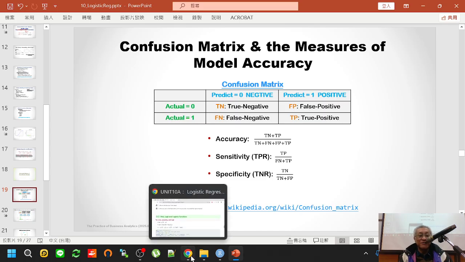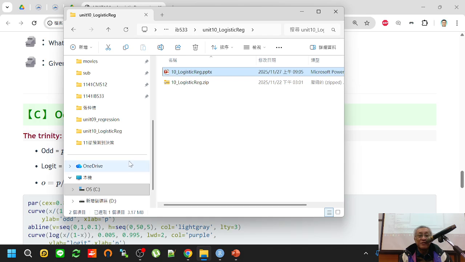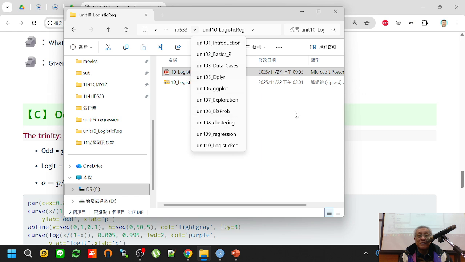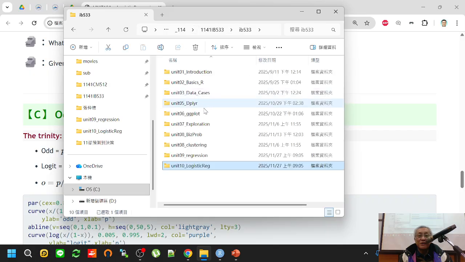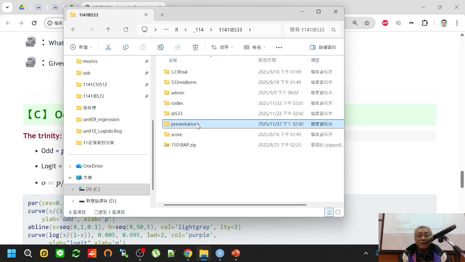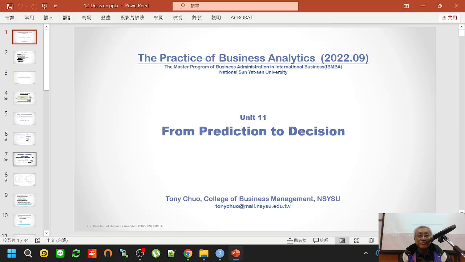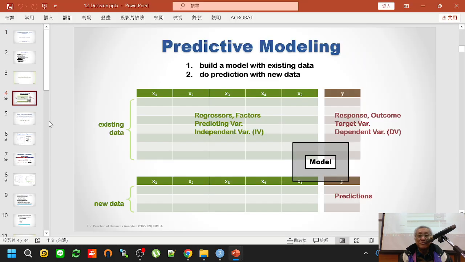Let me see if I have some slide here. I think the basic idea is like this, right?